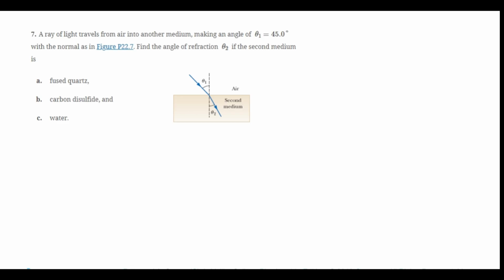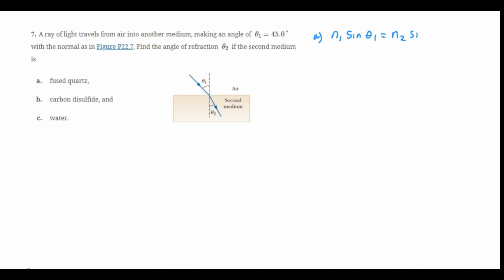Let us start with the first case, that is fused quartz. If we use Snell's law, I know that n1 sine of theta 1 is equal to n2 sine of theta 2.